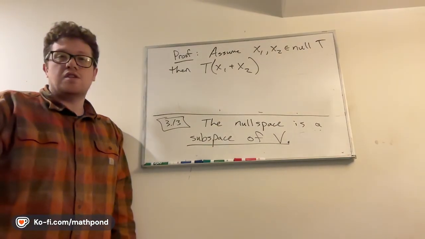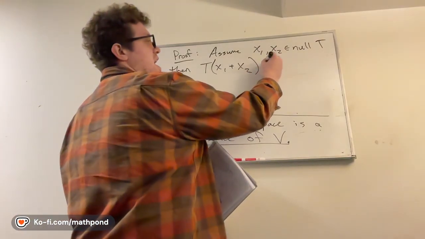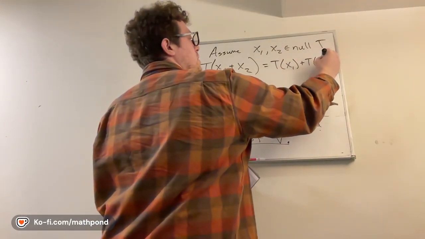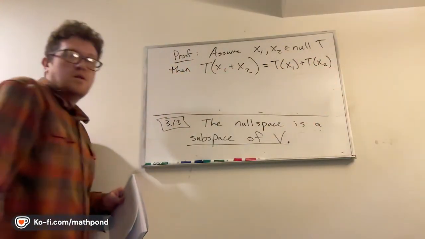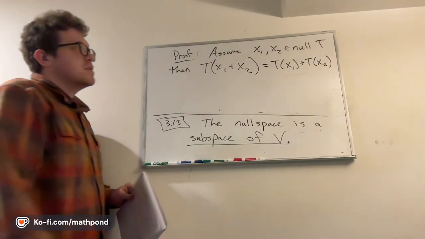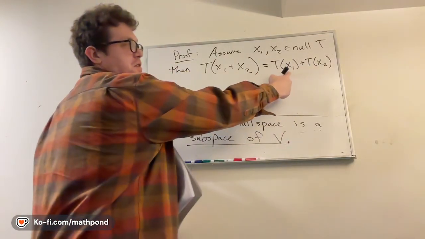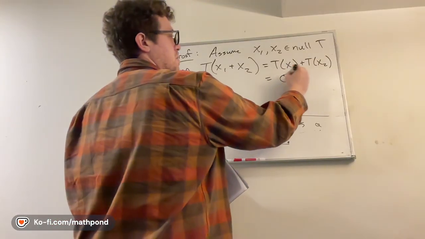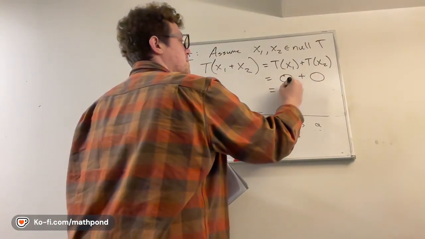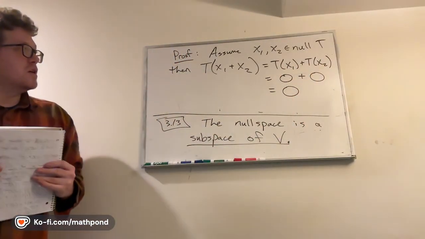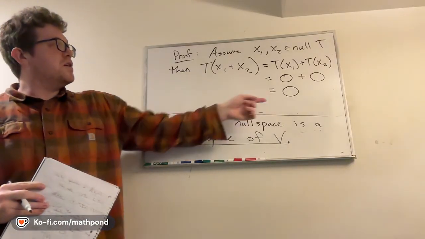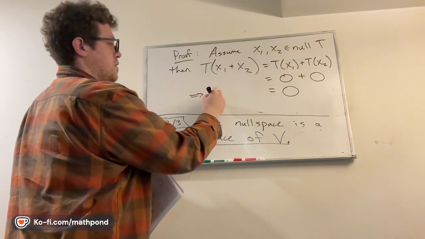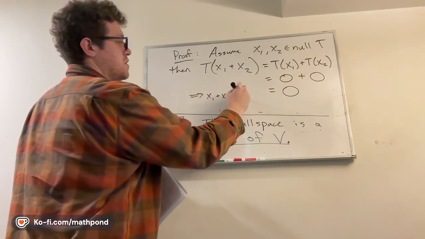Because it's a linear transformation, it's additive, so this is T of x1 plus T of x2. And because they're in the null space, these are individually sent to 0 by the definition. So this is 0 plus 0, which is 0. So T of x1 plus x2 is 0, therefore x1 plus x2 is in the null space.